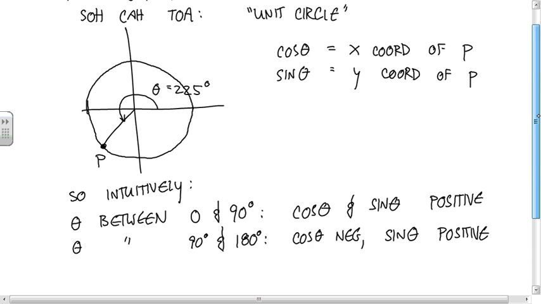And that's because between 90 and 180 degrees, the coordinates of all these points have a negative x-coordinate and a positive y-coordinate. Okay. Then theta between 180 and 270. Yep.